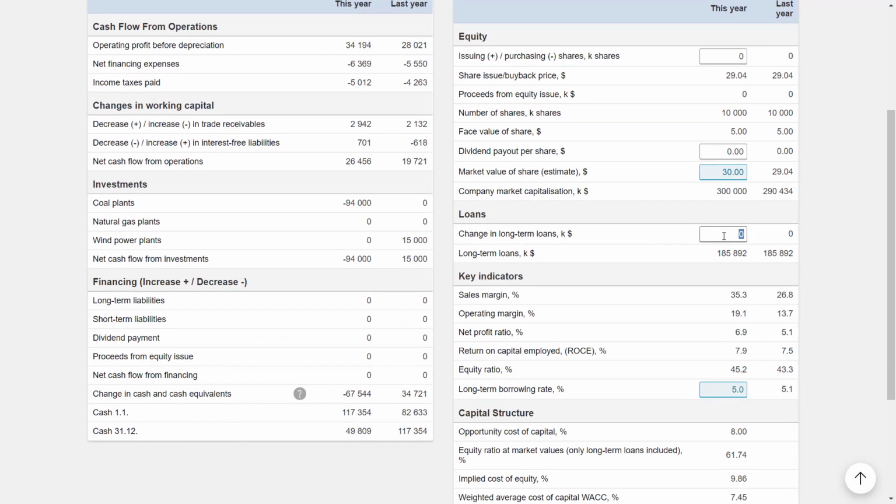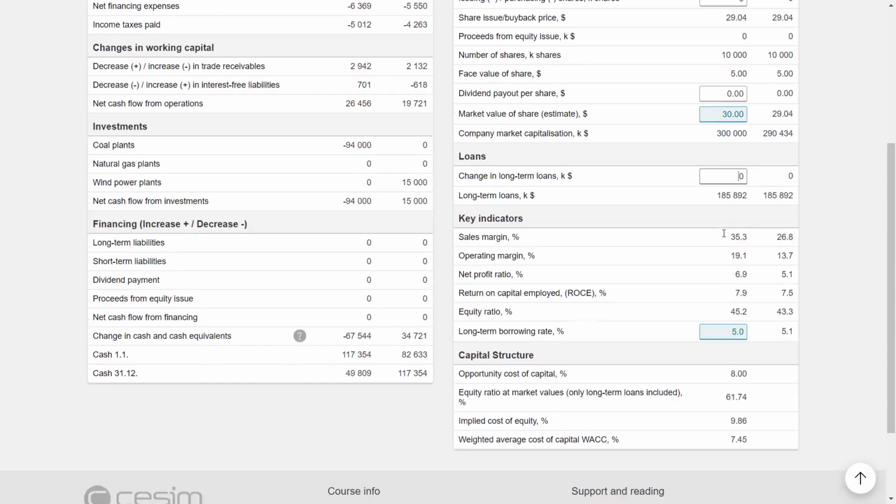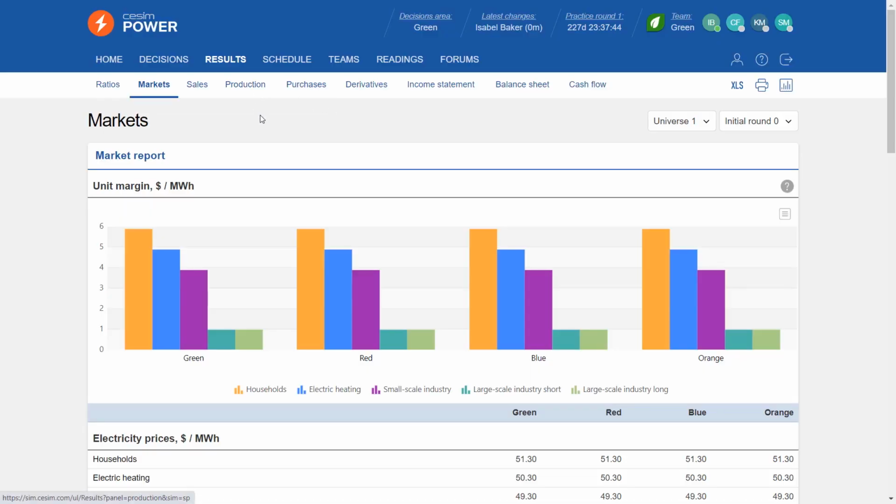So if we want to take more loans, we put a positive figure here. If we want to pay off existing loans, then we put a negative figure here. And now this concludes our walkthrough of the decision-making interface. Thank you for your attention, and I give this back to Morgan now.